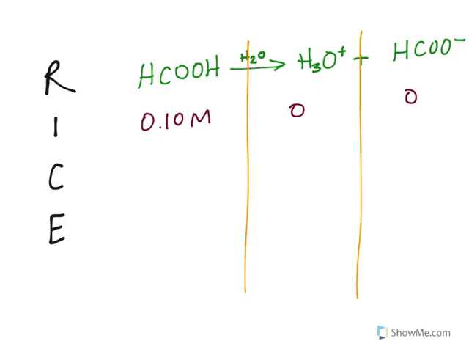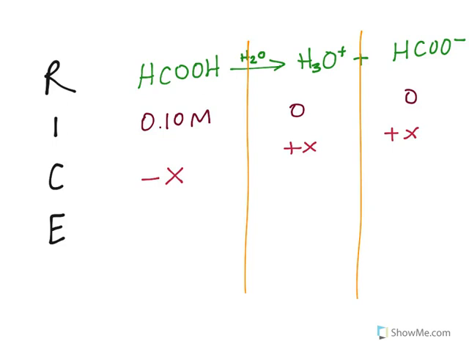Now we know that the change, this concentration is going to go down, and this concentration is going to go up. And because we're respecting the stoichiometry, since the coefficients are 1 in all the cases, it's minus 1x, plus 1x, plus 1x. If this was a 2, then it would have been plus 2x. But that's not the case.